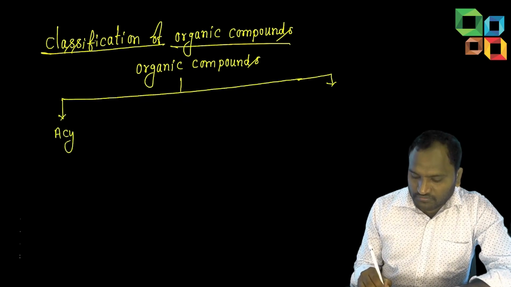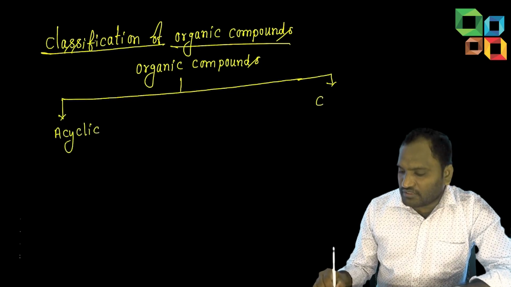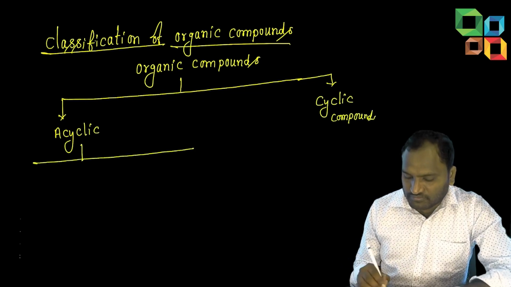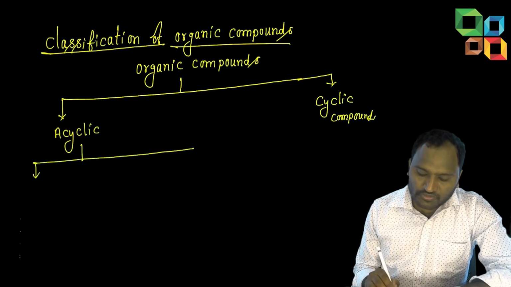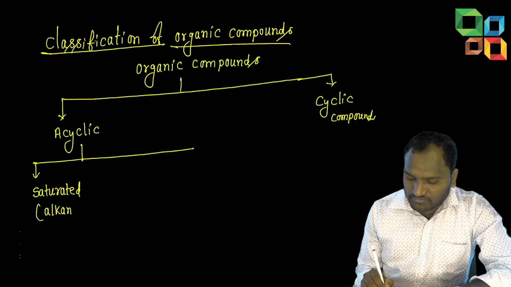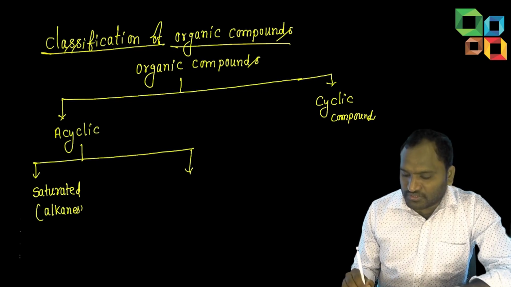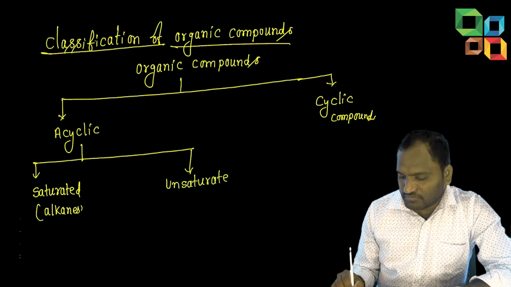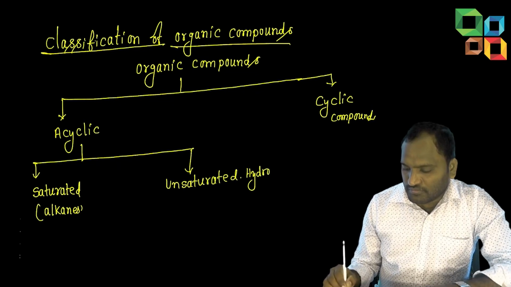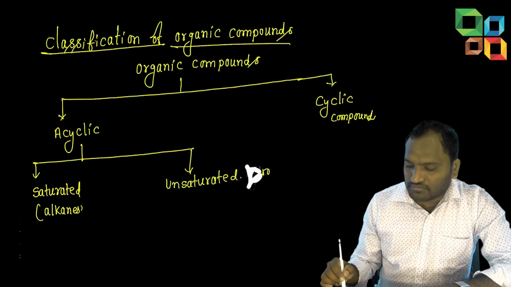Acyclic compounds, cyclic compounds. Basic classification I am giving, students. Acyclic compounds are again classified into saturated, which is nothing but alkanes, and unsaturated hydrocarbons.